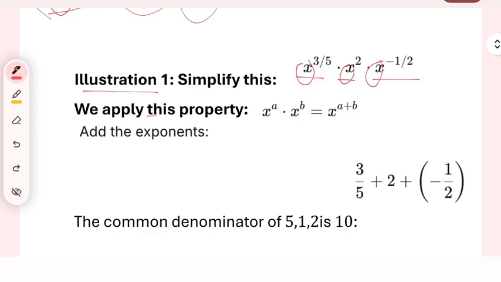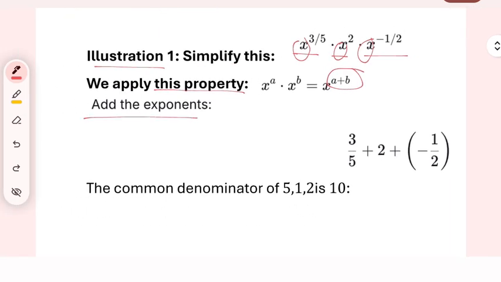So we apply the first property, which is to add all the exponents. That means we add 3/5 plus 2 plus negative 1/2, because the last exponent is actually a negative exponent, negative 1/2. So we have plus a negative exponent, which is negative.